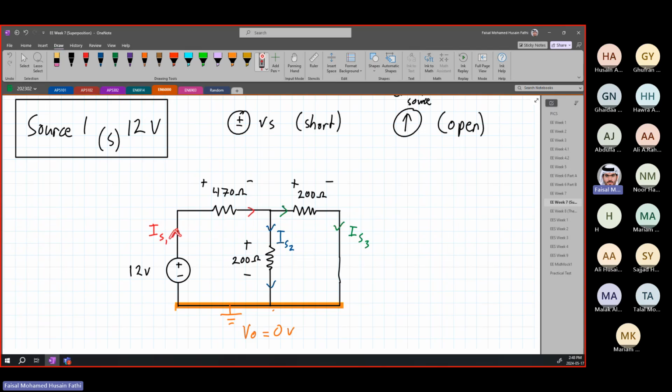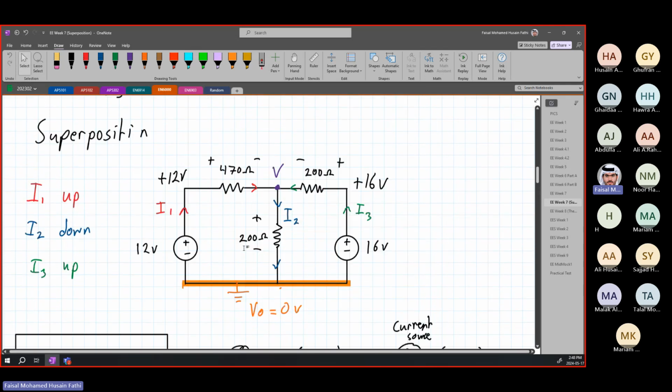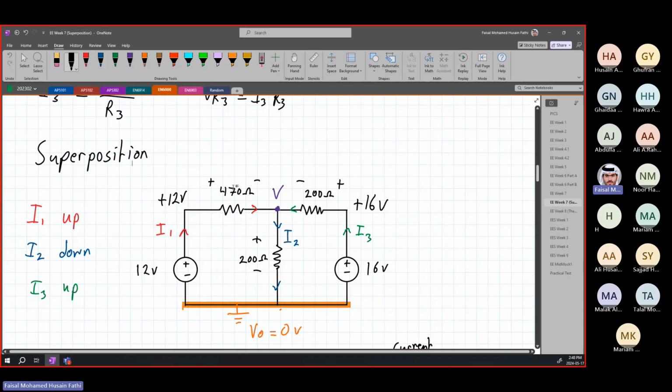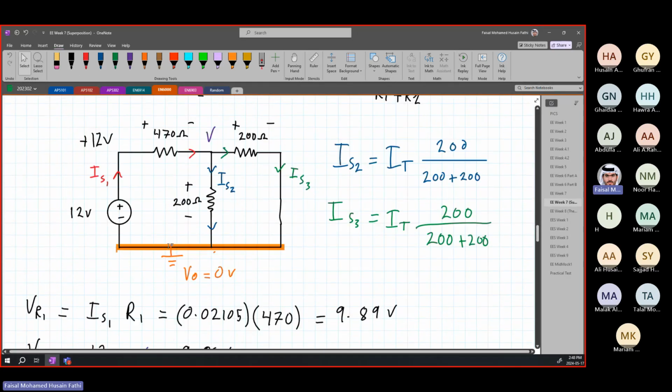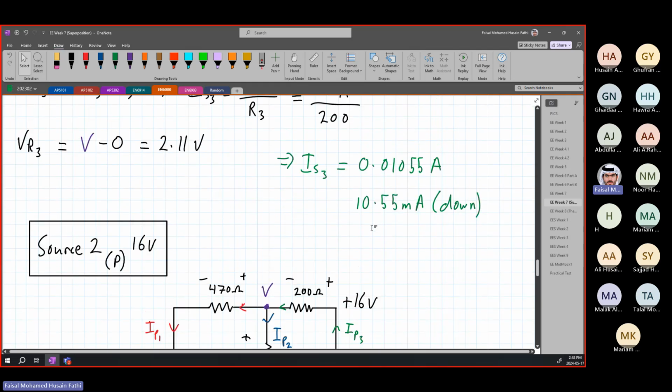We are only looking at this circuit. So for example, let's say we got IS1 equal minus 5, whatever. That means the direction assumed here is incorrect. So we have to put it as a positive value going downwards. We would say IS1 is 5 down. This is what will happen. It only affects IS1. It does not affect what we assumed in the beginning, and it does not affect the one for circuit 2, for source 2. All right? It will not affect it at all.